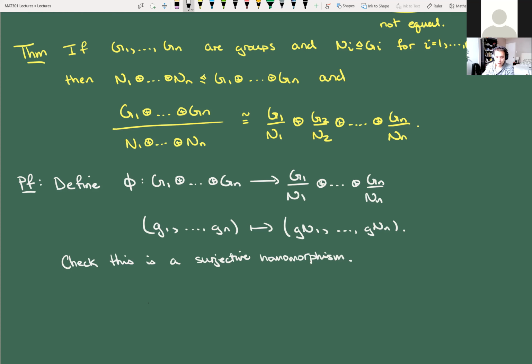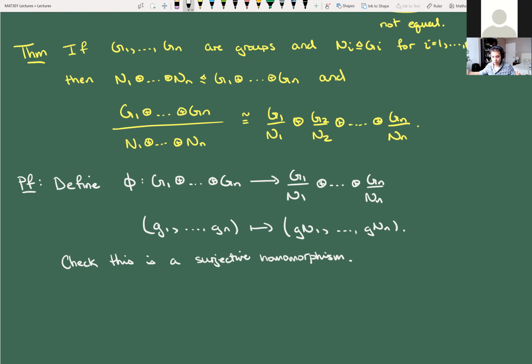I'm hoping that it is. Basically, look at the map g1 maps to g1 N1. That's our projection map from quotients, right? We know that that's a homomorphism, the map that takes an element of the group and maps it to its equivalence class. And all I did was do that in every component. So when I string all those together, it is going to be a homomorphism. And if you want, you can check that explicitly.